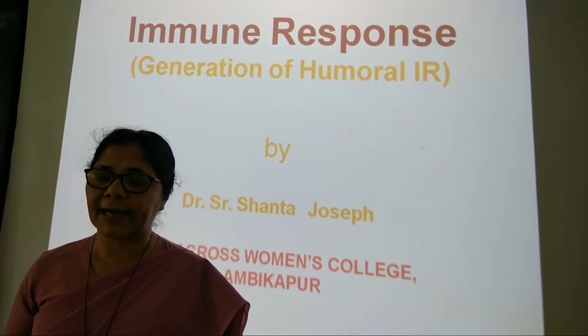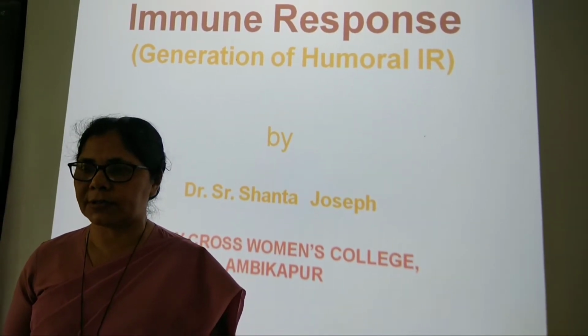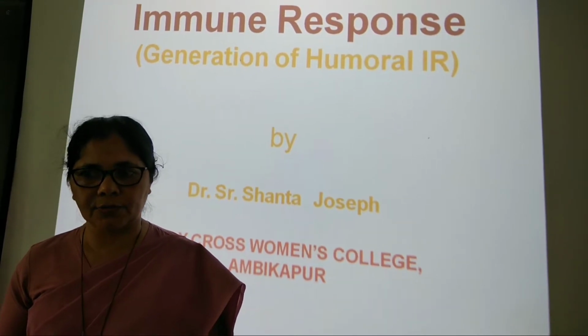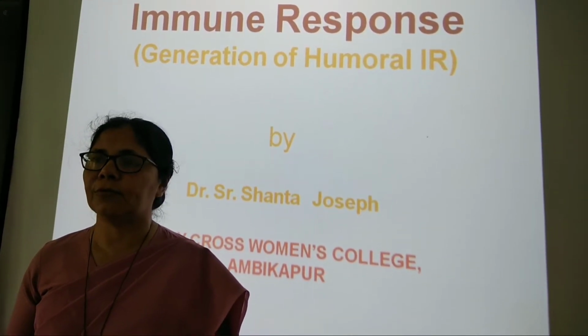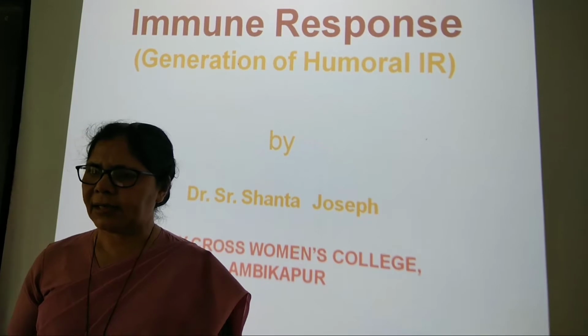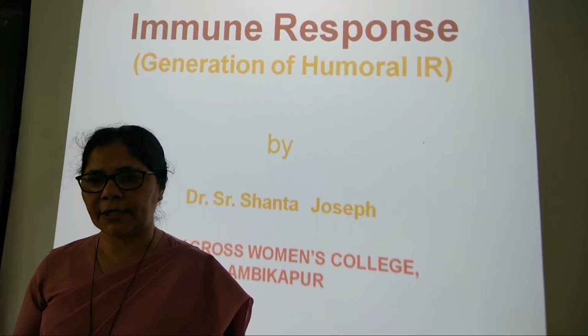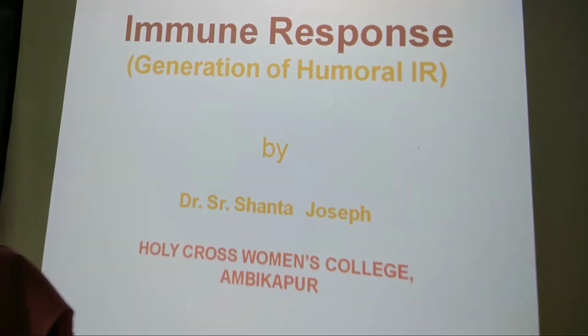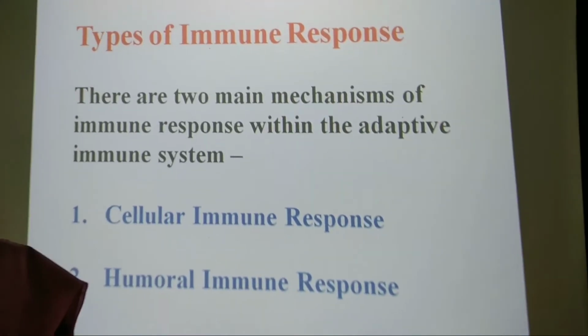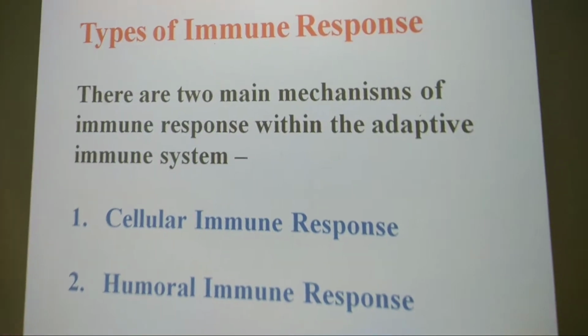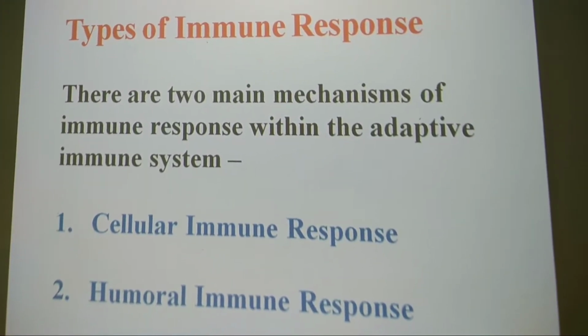This specific reactivity induced in a host by an antigenic stimulus is known as immune response. This response can be initiated by the immune system in two ways. They are cellular immune response and humoral immune response.